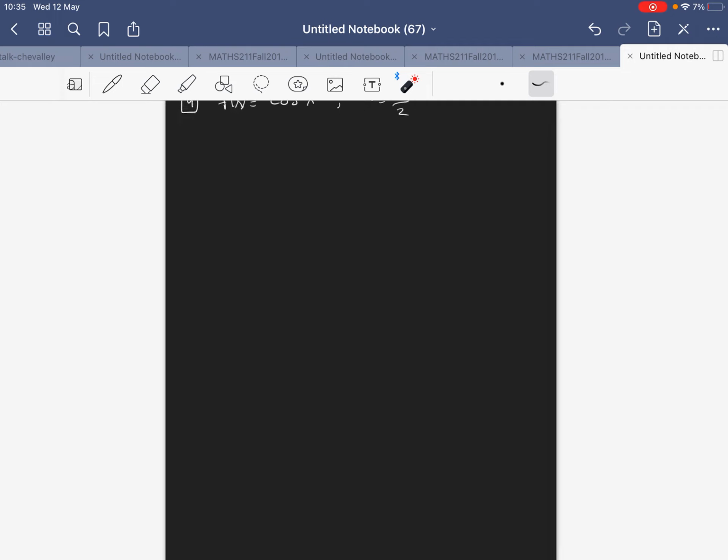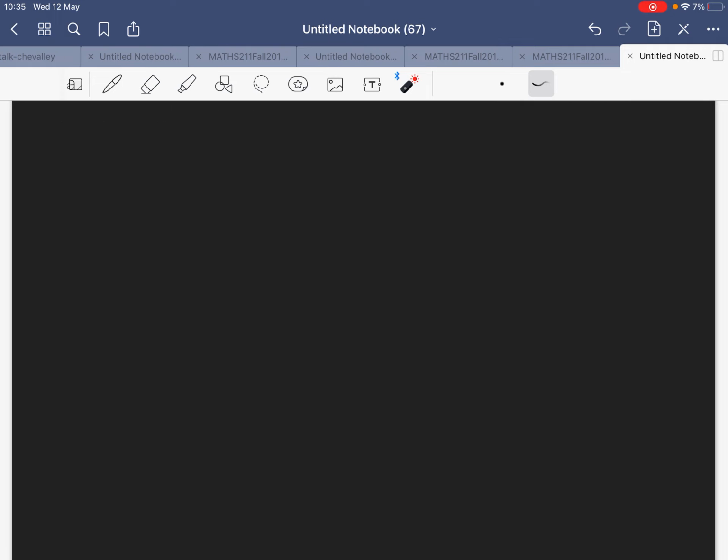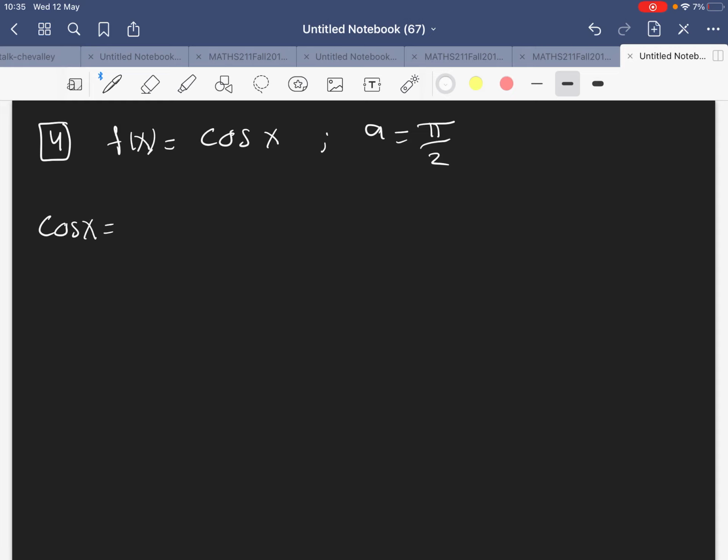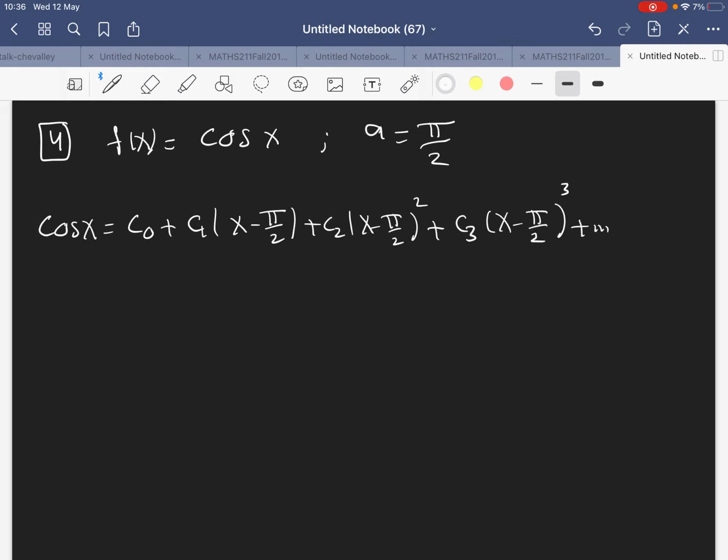If we have another question, maybe similar to what we did with the cosine, we can try it. I will go quickly with this one. So f of x is cosine x. It will be c0 plus c1 times x minus pi over 2, plus c2 times x minus pi over 2 squared, c3 times x minus pi over 2 cubed, and so on.